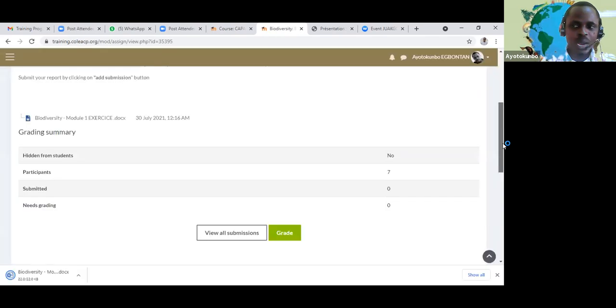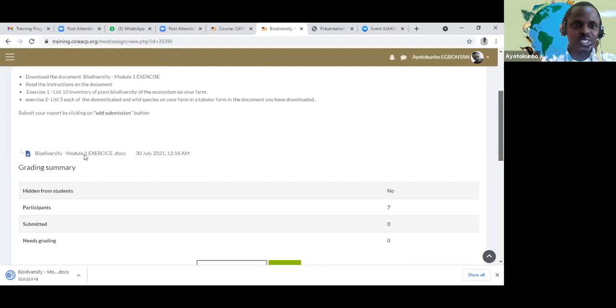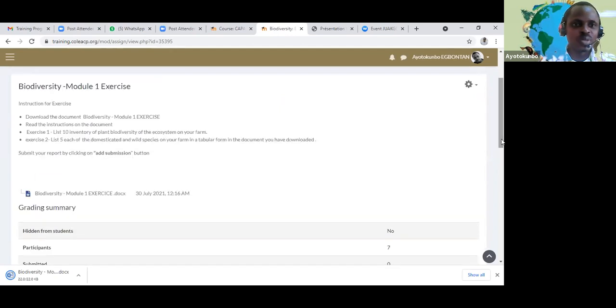I won't be able to access it because of my position as the trainer, but once you click on it, you'll be able to download the exercise and attempt it. The first exercise is to list an inventory of plant biodiversity of ecosystem on your farm, which Olawumi earlier mentioned to us.